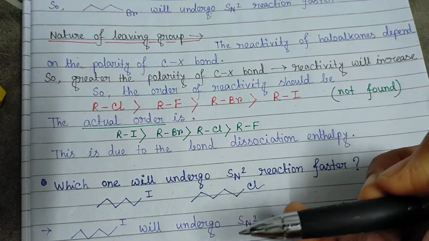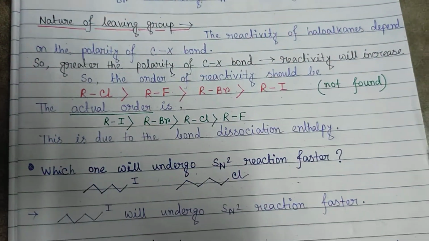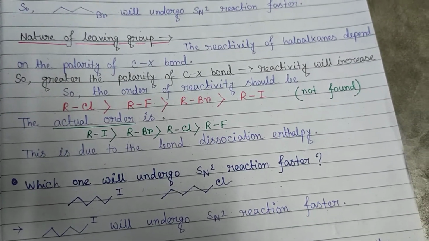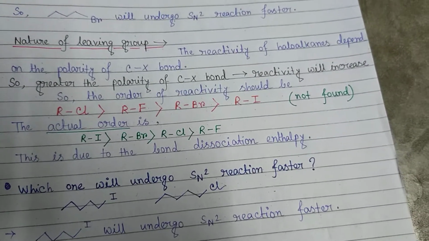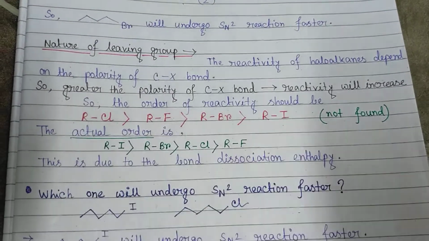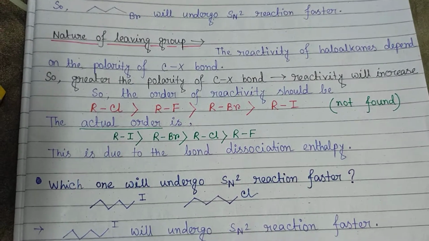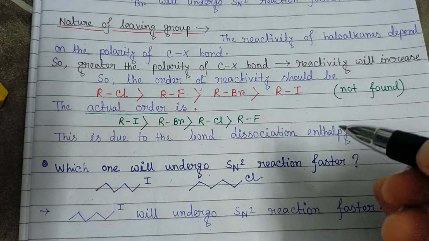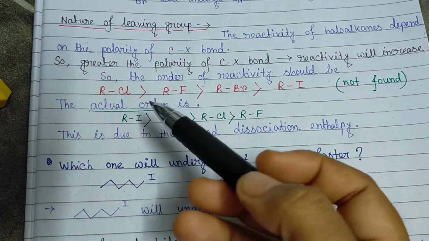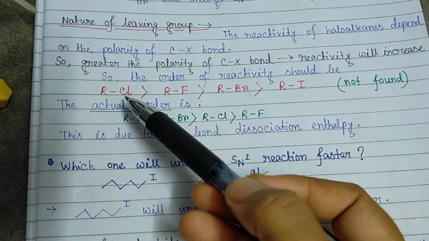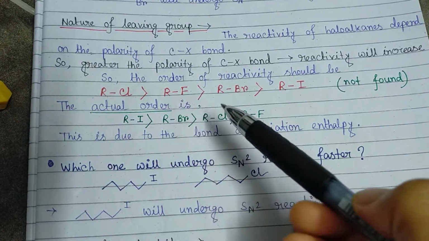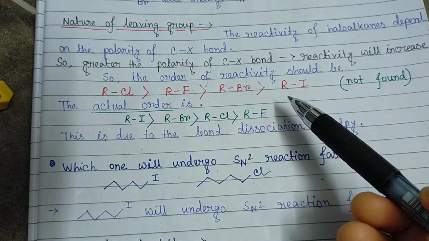We know that the reactivity of haloalkanes depends on the polarity of the C-X bond. So we can assume that a greater polarity of the C-X bond will lead to greater reactivity of the haloalkane. But we cannot find the order that way. If the order were according to polarity, then RCl would be more reactive than RF, than RBr and then RI.